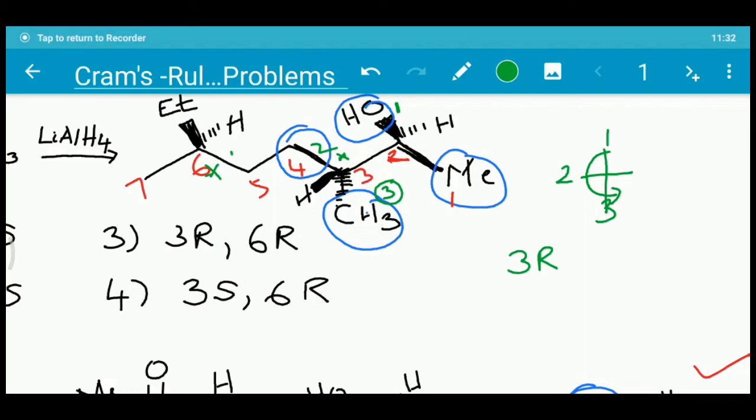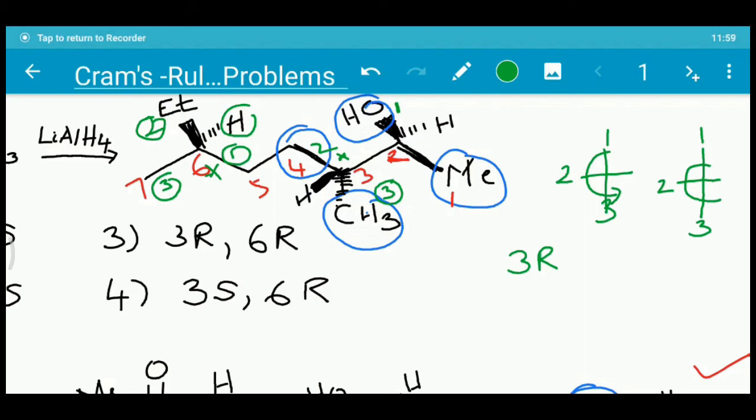Okay. Now coming back to my carbon 6. In my carbon 6, the longest chain takes up the first priority. So I have priority number 1. My ethyl takes up the second priority, and my methyl takes up the third priority. I move in an anti-clockwise direction, but my hydrogen is moving away from me.